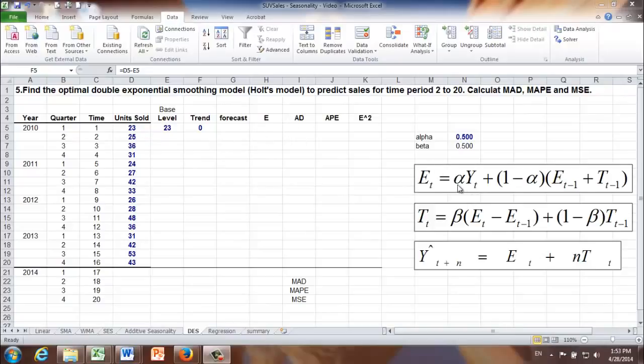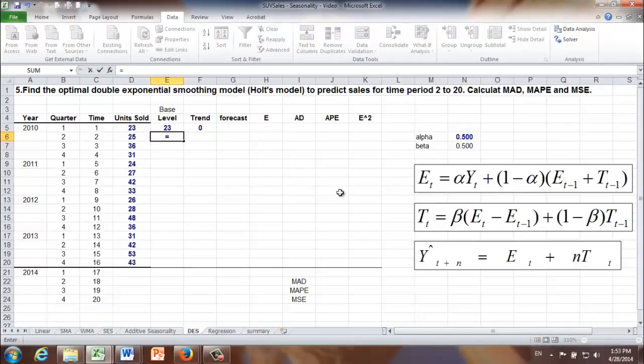Okay, now we can use the formulas listed over here to calculate E, the base level, or T, the trend. The first one we can actually calculate is indeed E2, the base level of time period 2.